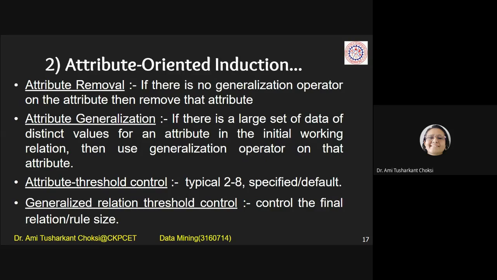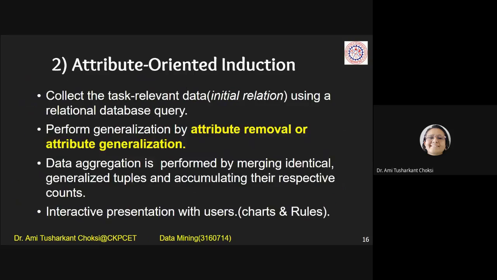Do remember the example of automatic hierarchy generation, right? For that, if it has a large set of distinct values, if you remember, we were having the distinct values.